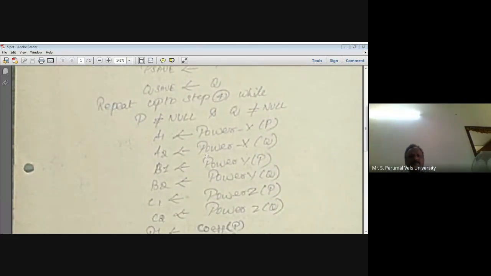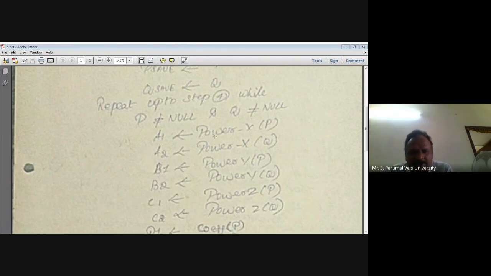So what is given there? A1 is replaced with the power of x of P. That is, they give the x value of the first term. That is A1.